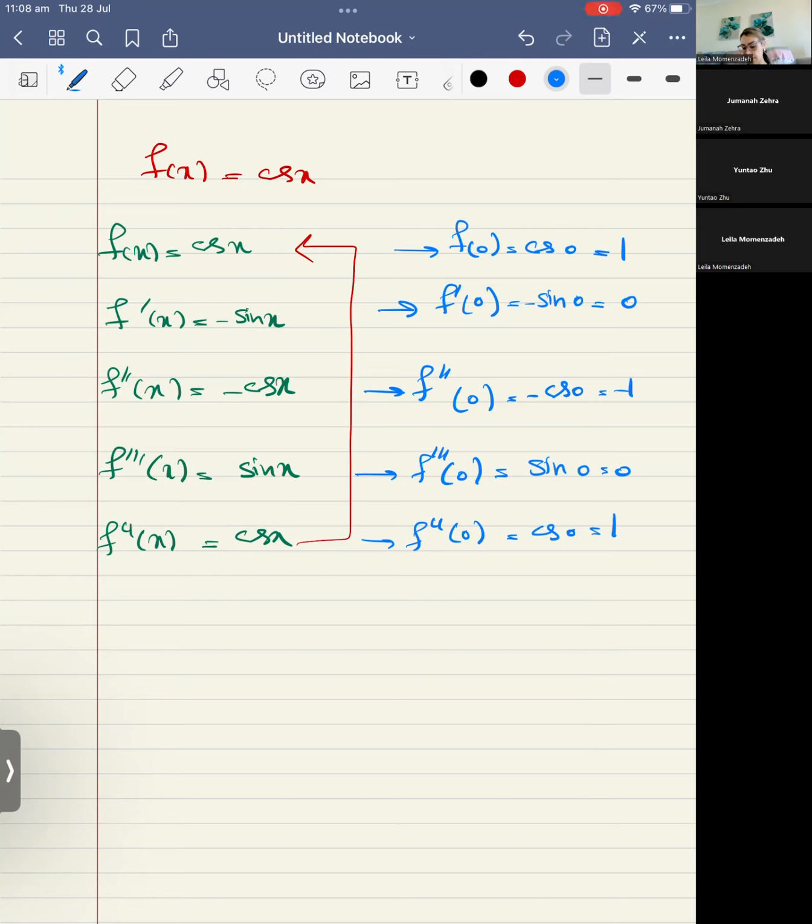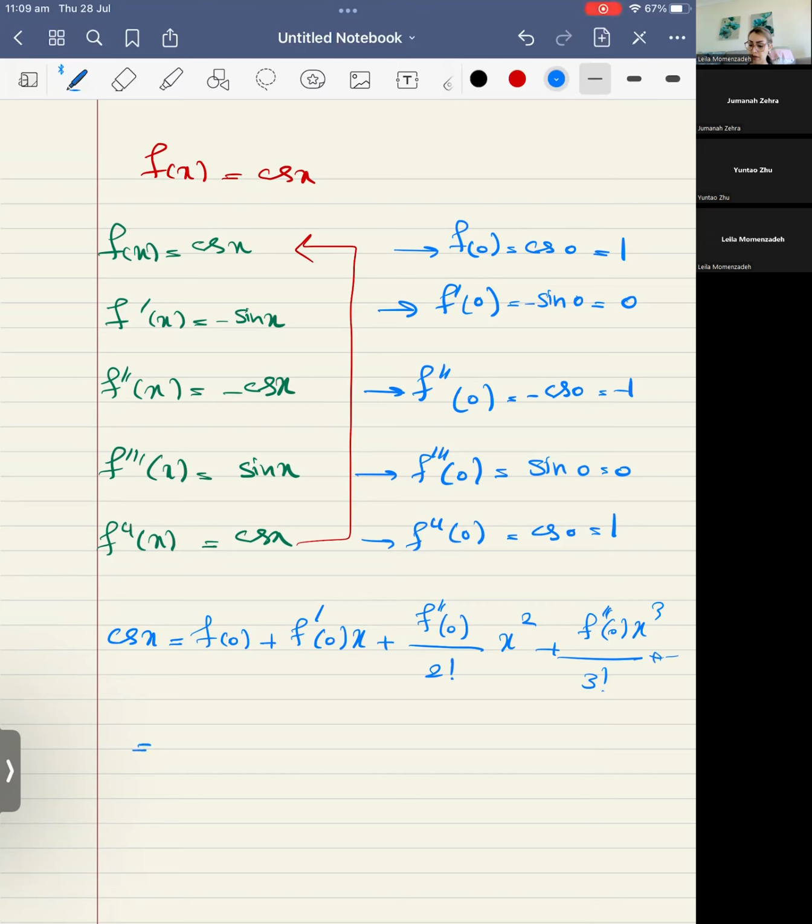Now from the Maclaurin series, I can write cosine x is equal to F0 plus F prime 0 x plus F double prime 0 over 2 factorial x squared plus F triple prime 0 x cubed over 3 factorial and so on.